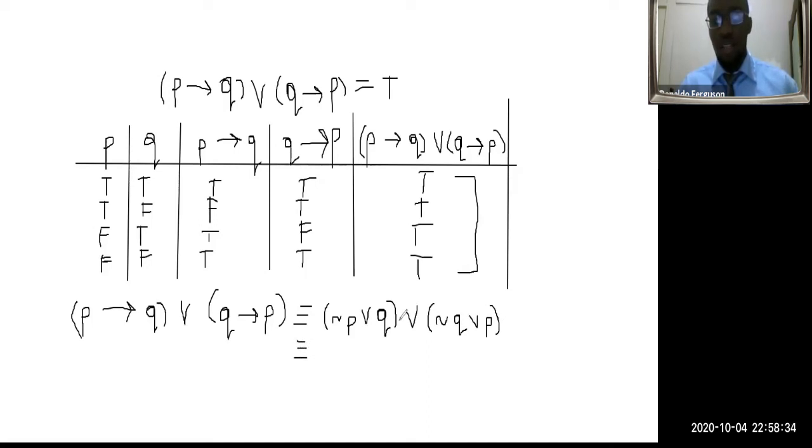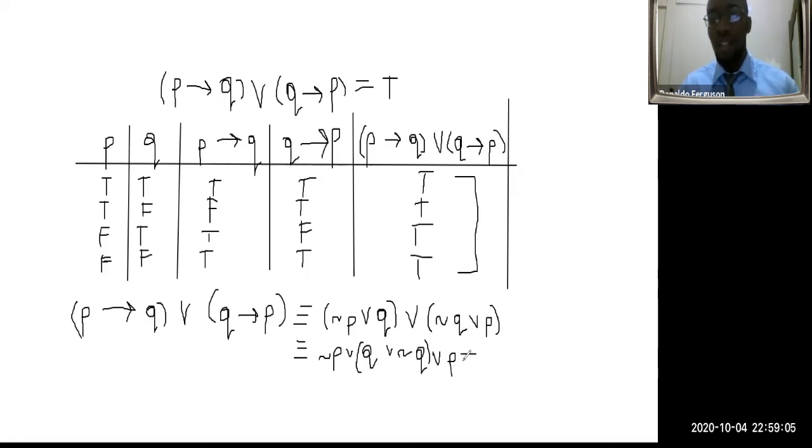So I can just get rid of these brackets by writing it as not P or Q or not Q or P. Now I'm going to group the not Q and the Q right here. Because Q or not Q is always true. If Q is I am inside and not Q is I am outside, then I am either inside or outside.